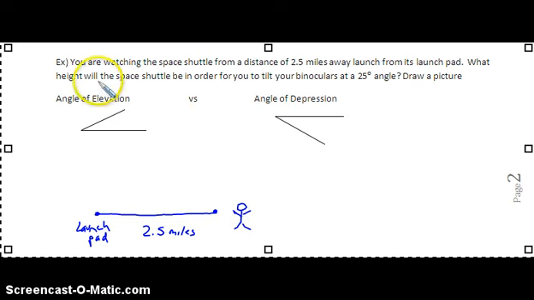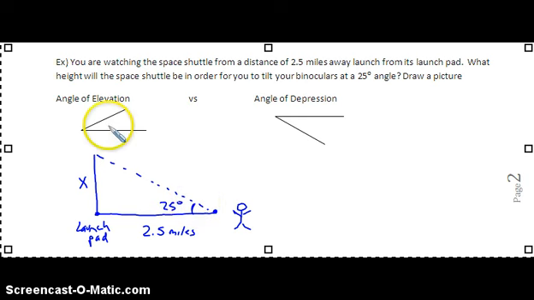And the question says, what height will the space shuttle be in order for you to tilt your binoculars at a 25-degree angle? So the space shuttle is here, and it is up in the air somewhere. And I want to know, what is this height when the angle that I'm looking up at it is 25 degrees.